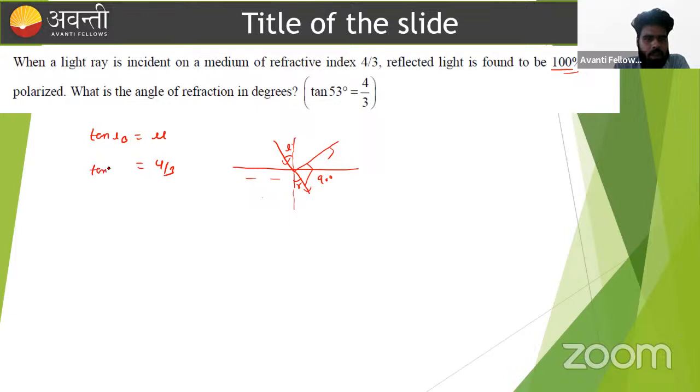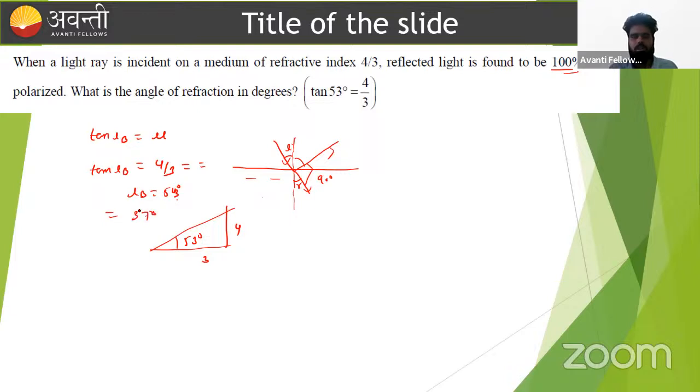It means tan iB is 4/3, and in a right angle triangle this angle is 53 degrees. I hope this is clear. If iB is 53, then what is the value of r here? 90 minus 53 equals 37 degrees. So I think this is helpful.